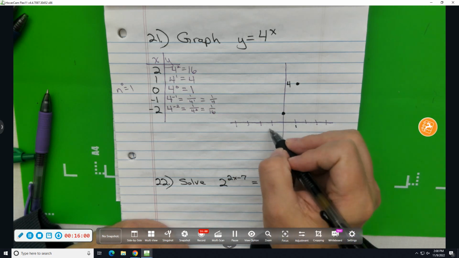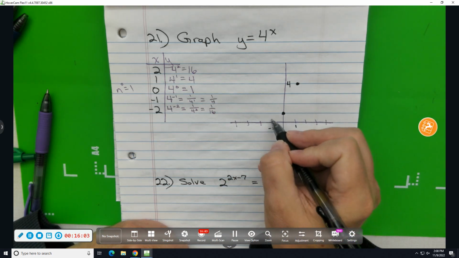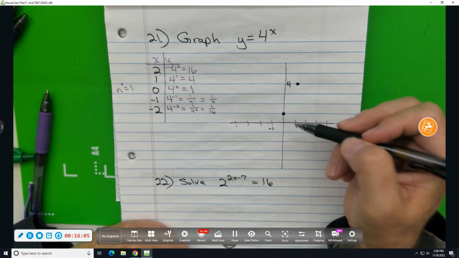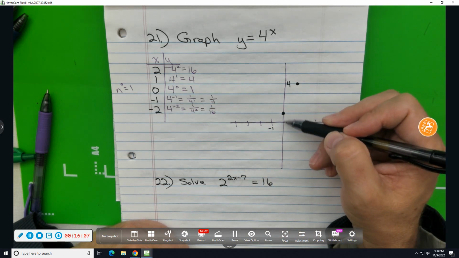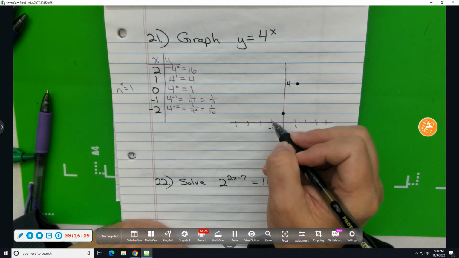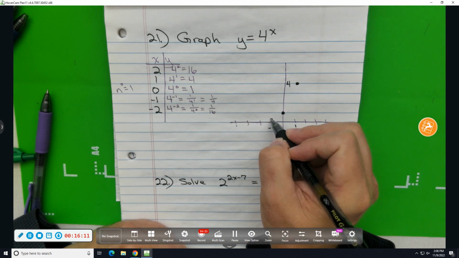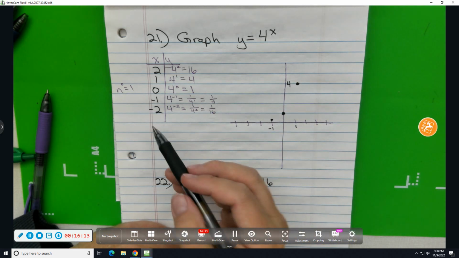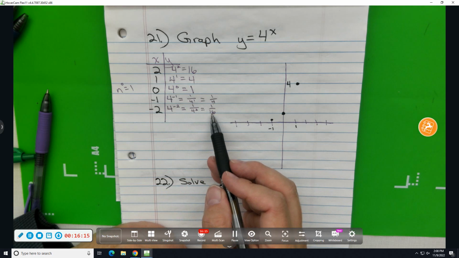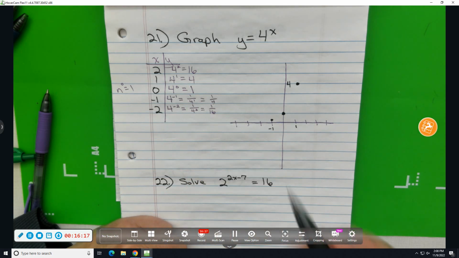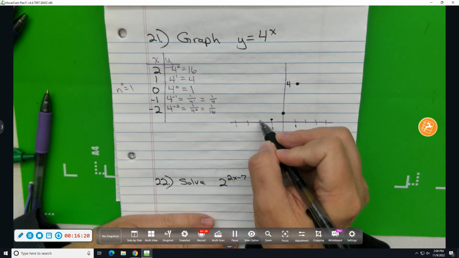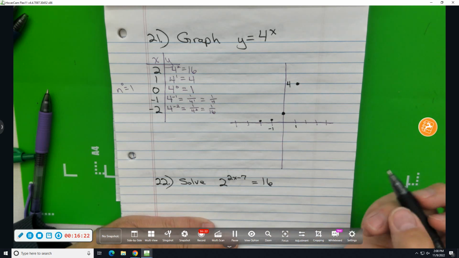So left 1, there's negative 1. We're going up 1/4 of a unit. Imagine breaking that little increment right there into 4 equal segments. And at negative 2, we're only going up 1/16 of a unit. I think to the naked eye it would look like the graph is touching the x-axis.